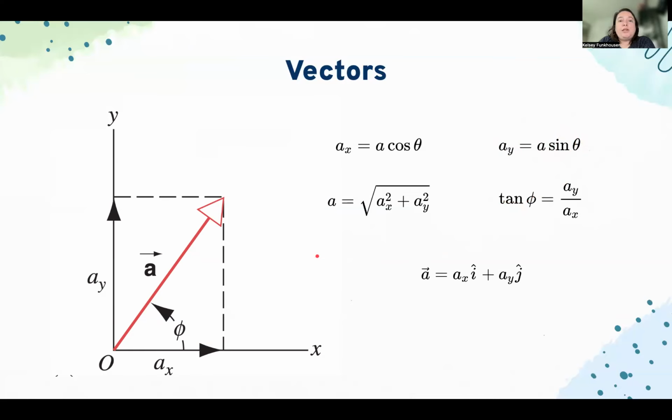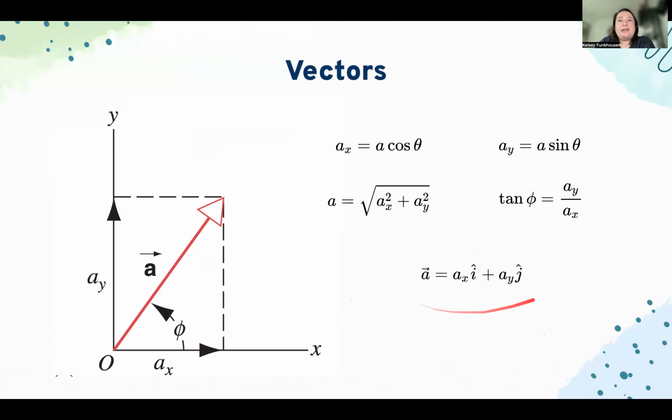So if we only know the x and y components, we can find the total vector using the Pythagorean theorem. The square root of the x component squared plus the y component squared gives us the total vector. We can also find the angle, if we only have the components and we don't know the angle, using tangent.